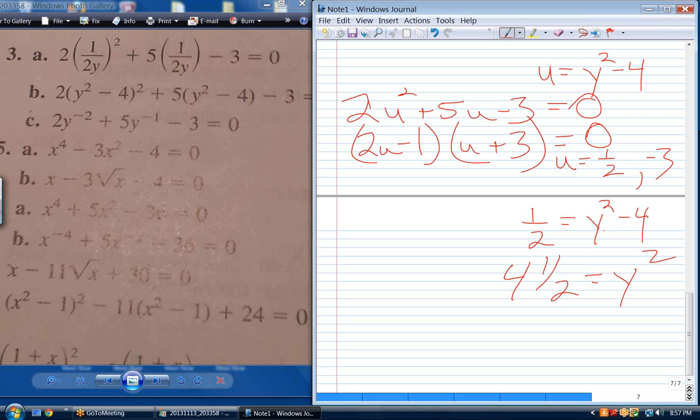I guess we're okay. So y is equal to what? Plus or minus the square root of 4.5. So that's what you'd write? Yeah. Well, or use your calculator if you want to convert that to a number.